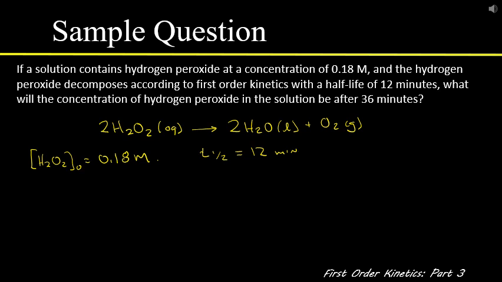Okay. So we can just use our half-life rules, right? So initially, concentration is 0.18 molar, right? After one half-life, 12 minutes later, the concentration will have decreased to 1/2 its original value, which is 0.090 molar.